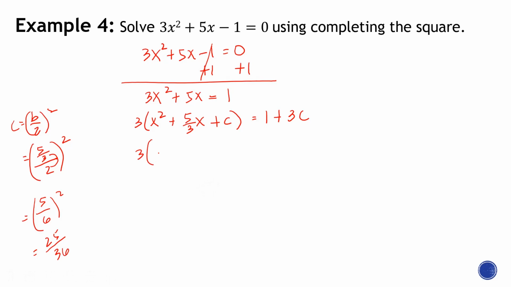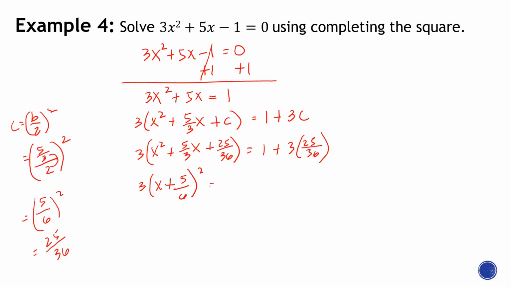So this is 3 times x squared plus 5 over 3x plus 25 over 36 equals 1 plus 3 times 25 over 36. So 3 times x, oh, no, not x squared, plus, the square root of 25 is 5, the square root of 36 is 6, squared equals 1 plus 25 over 12.